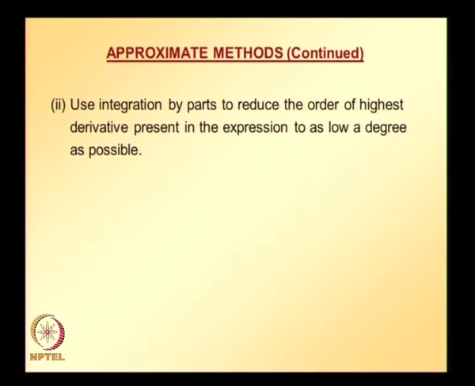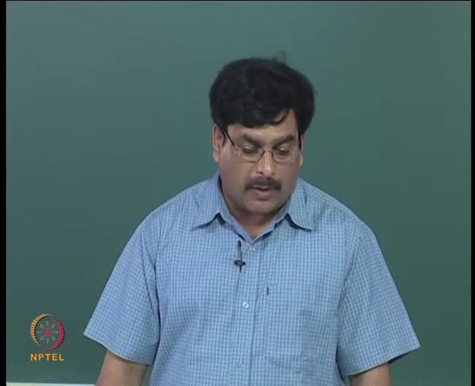We need to use integration by parts twice to reduce it to a first order derivative: the first time it becomes third order, the second time it becomes second order, and the third time we are going to get a first order derivative. In that manner, use integration by parts to reduce the order of the highest derivative present in the expression to as low a degree as possible.